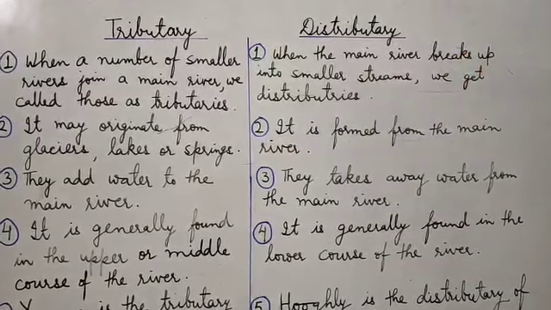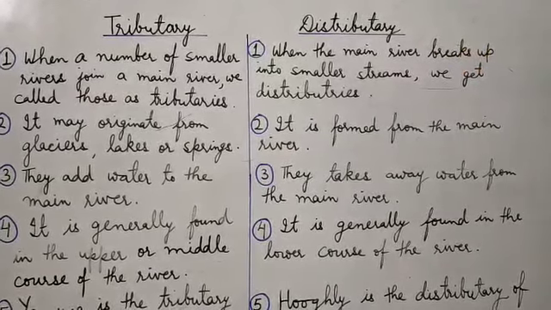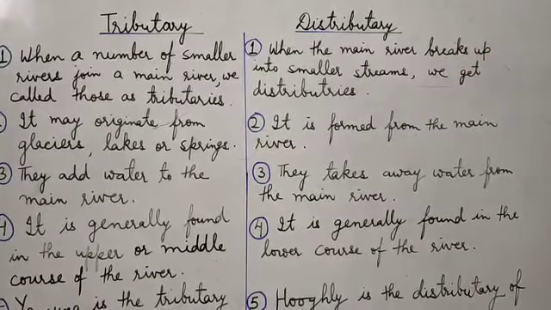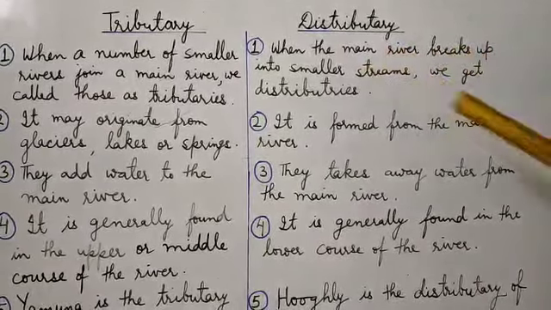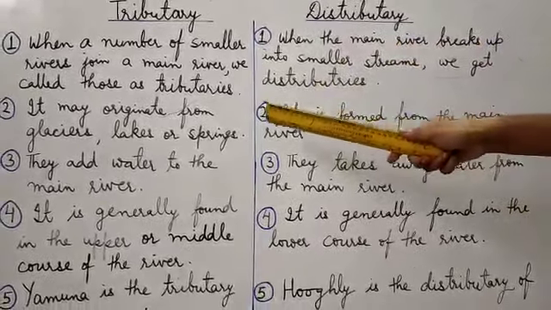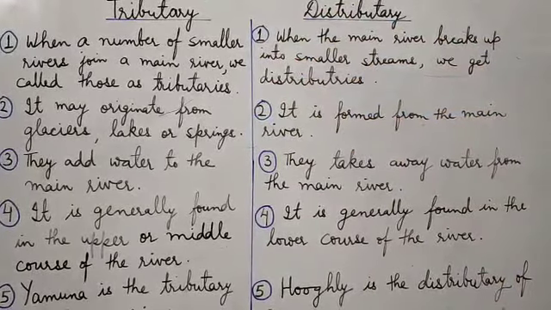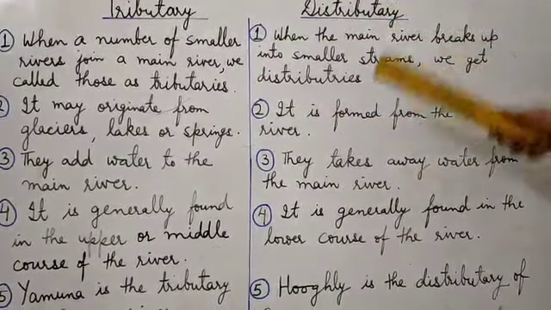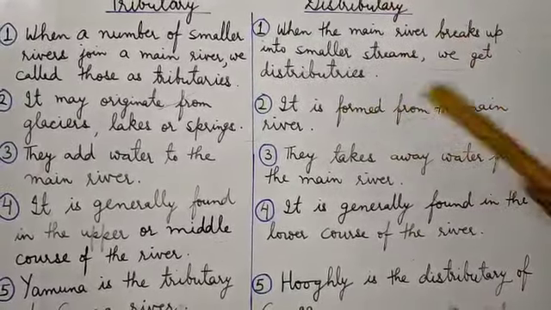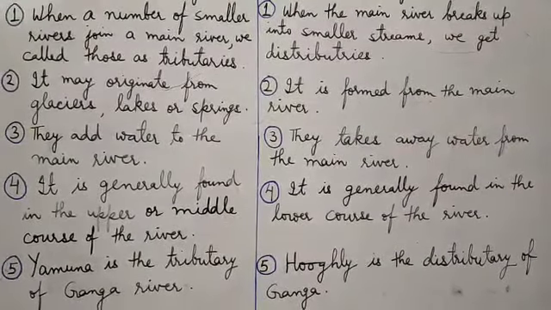They are numerous channels or streams, and they are part of the main river. Second, tributaries may originate from glaciers, lakes or springs, whereas distributaries are formed from the main river.